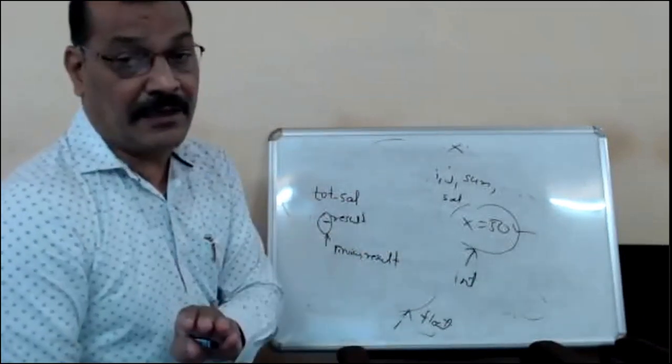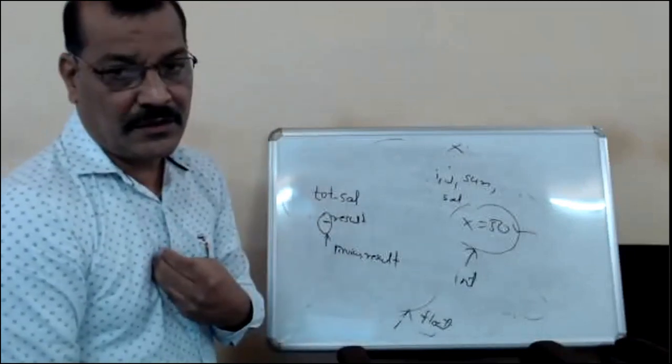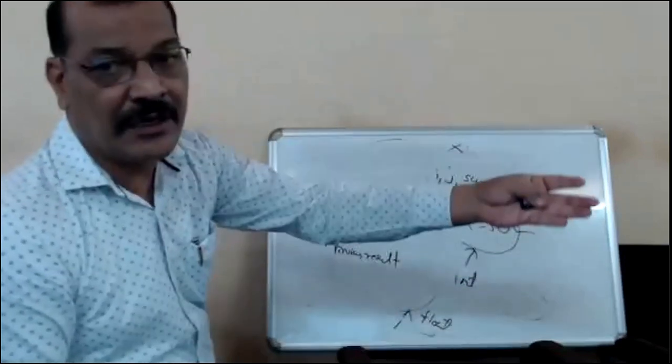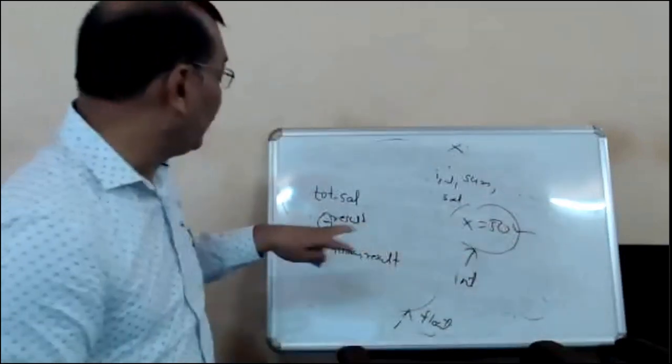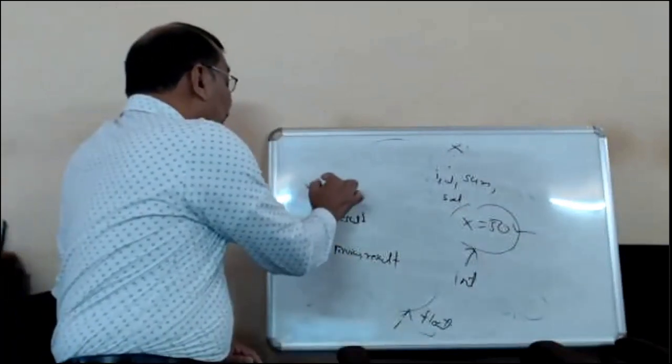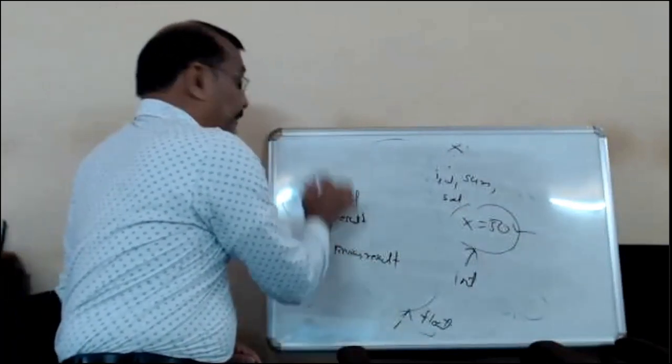Whenever any variable starts with underscore, the previous value of the result can automatically be assigned when you define underscore. Means what? This is a variable name, this is also a variable name.